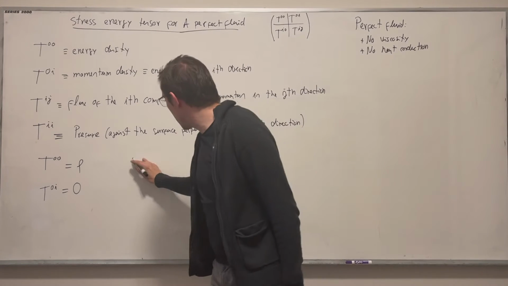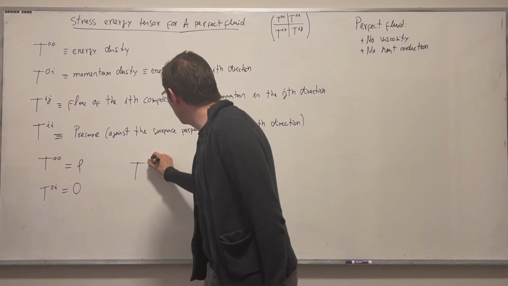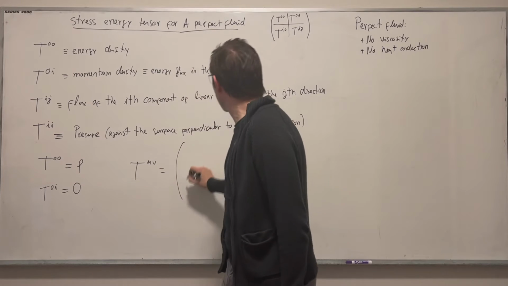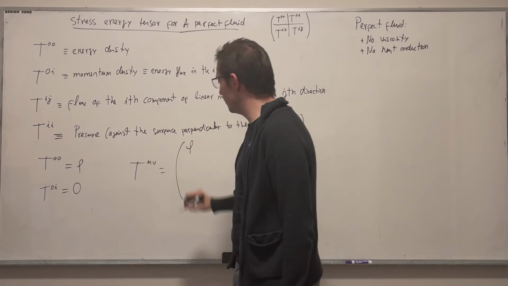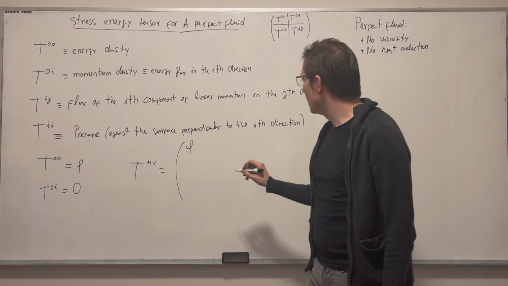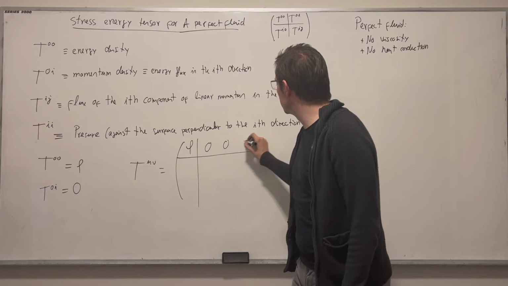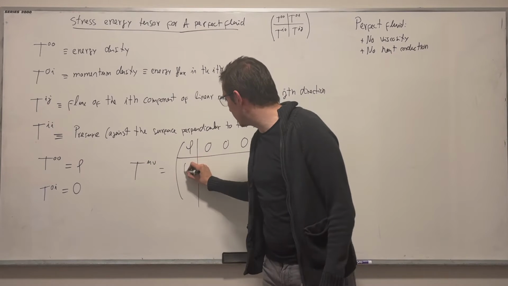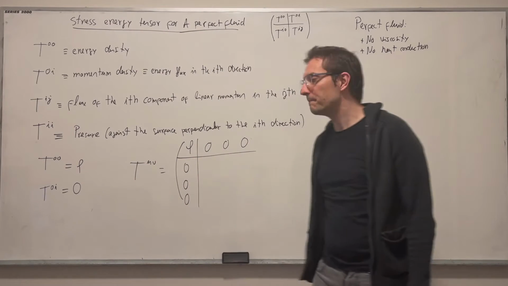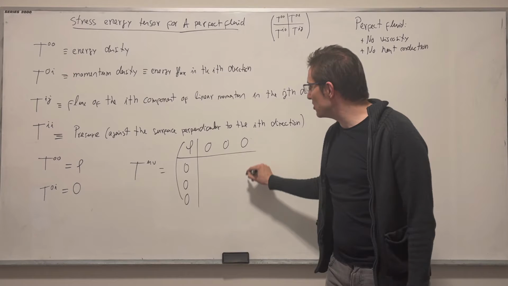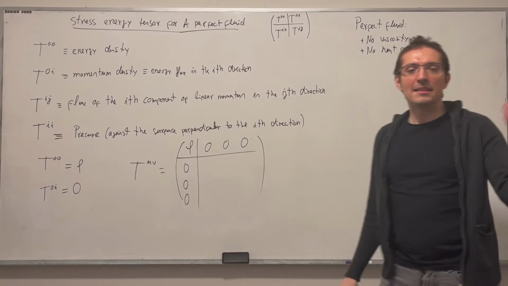In fact, I'm going to write here the T mu nu, and I'm going to have here the T00, which is rho, as we discussed. I'm going to write this separation here. This is 0, 0, 0, as we found. The T0i are 0, 0, 0. It's a symmetric tensor. And let's see what the Tij are. Now, the diagonal elements.